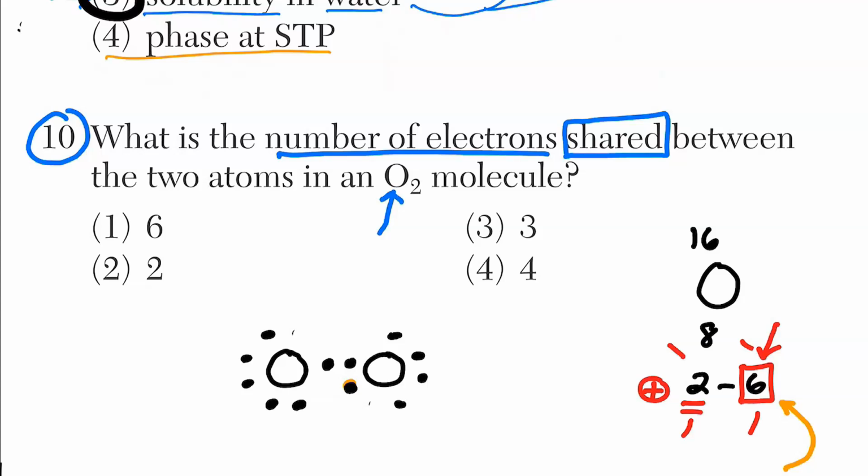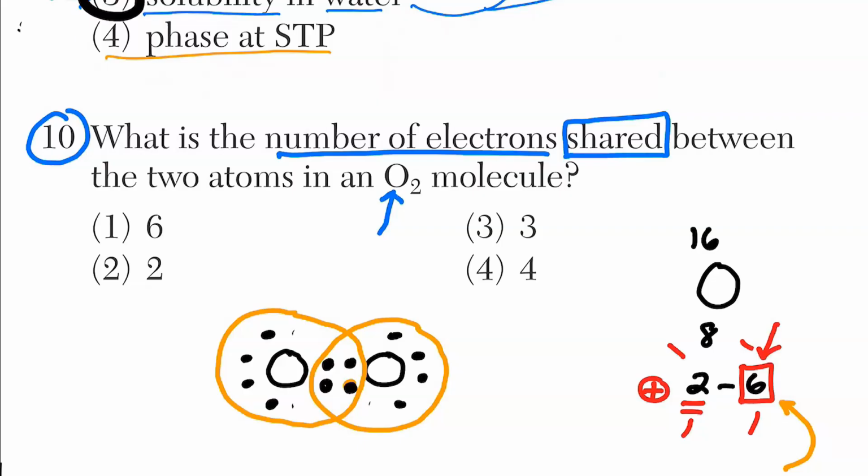And then I'm going to take this one away, and I'm going to put that one right here. And now you can see this oxygen, by sharing a pair, feels like it has 8, and this one by sharing feels like it has 8, and both have reached what we call the octet.